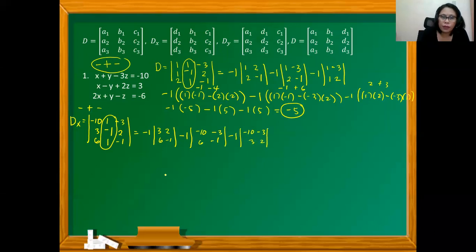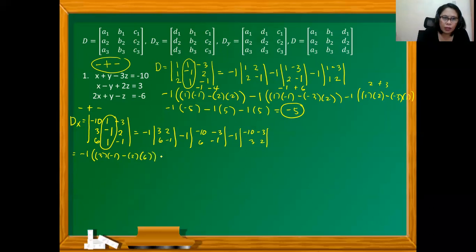Okay? So this is now equal to negative 1 quantity, the product of 3 and negative 1, minus 2 times 6. Okay?